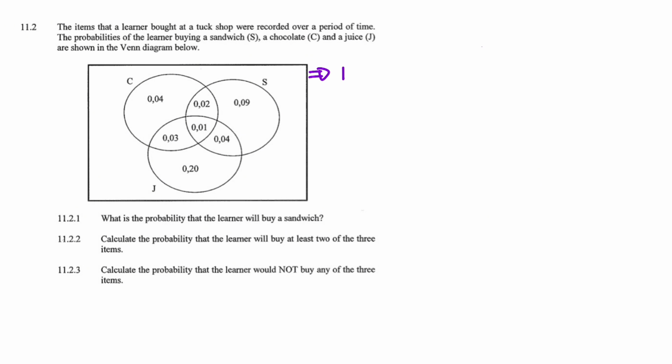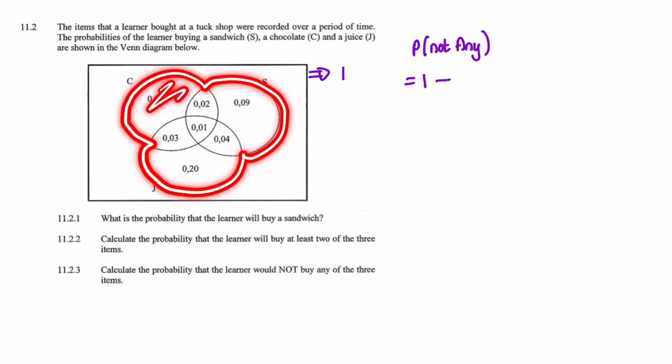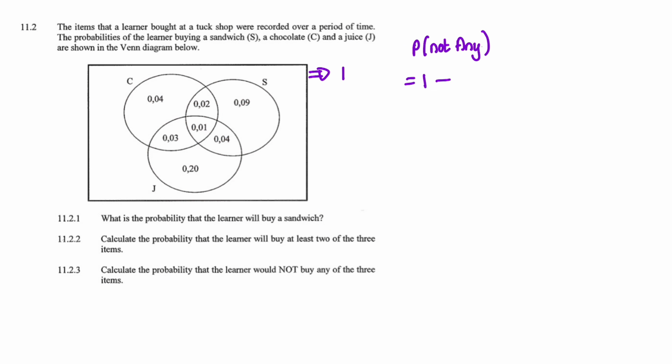So the probability of not any of the 3 items would be 1 minus the probability of buying 1 or more of these items. So it's 1 minus the sum of each of these values added together.